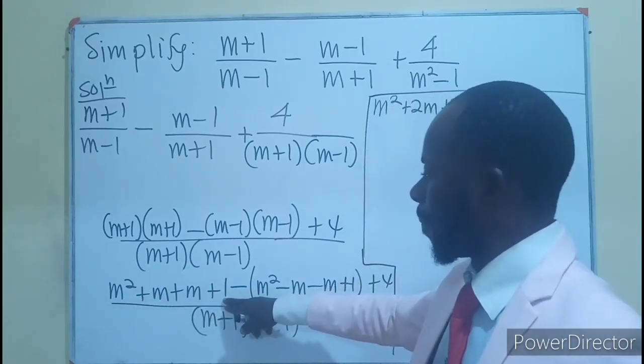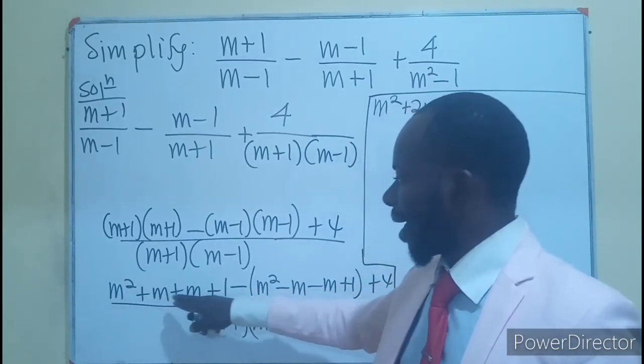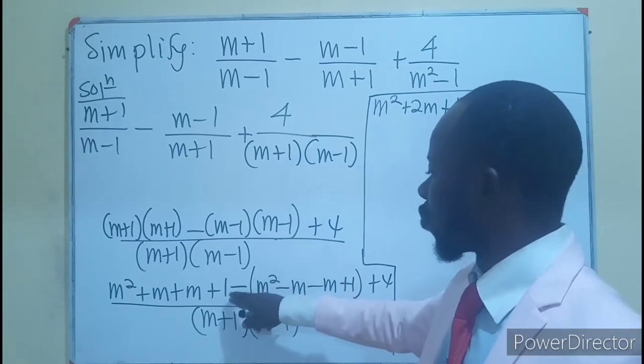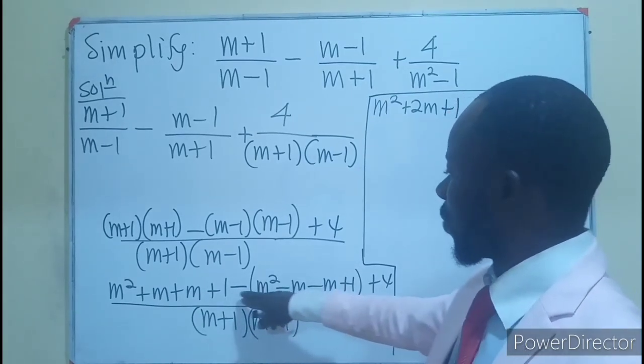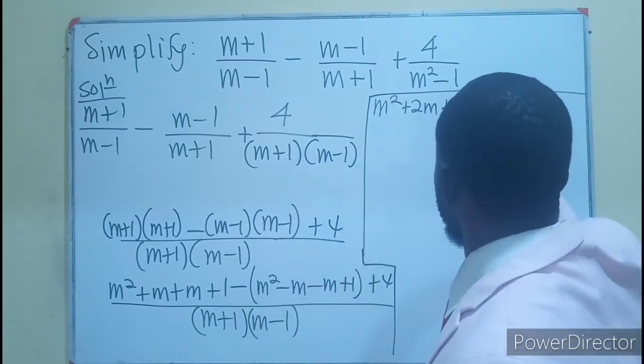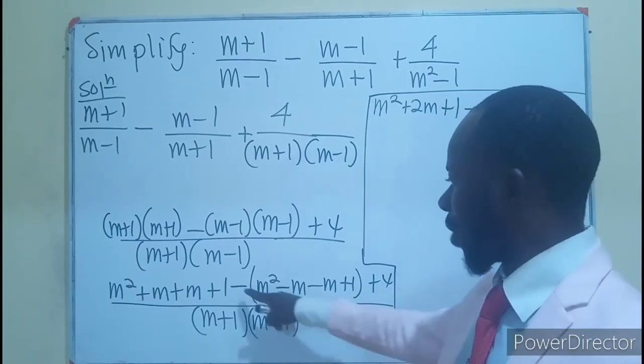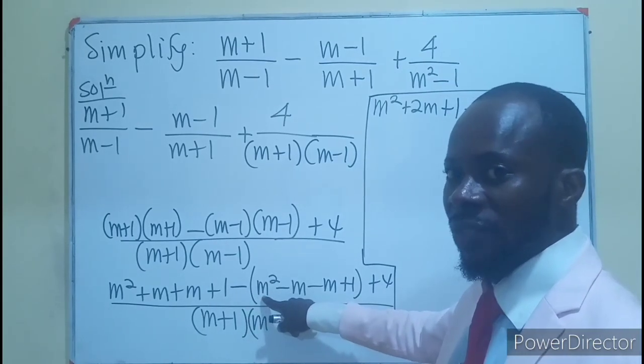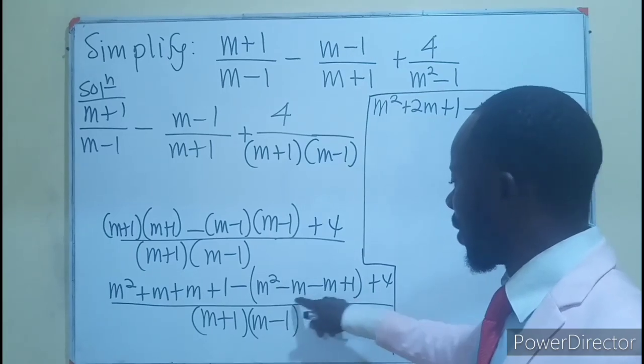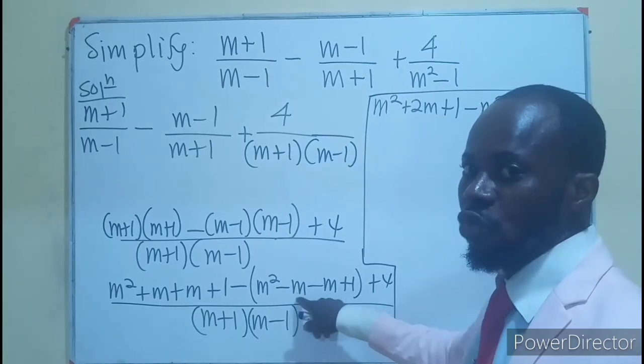In this first term, m squared, m plus m will be 2m, plus 1, then minus. This is going to be minus m squared. Don't forget this negative has effect on the positive m squared. This is going to be 2m, but negative 2m.